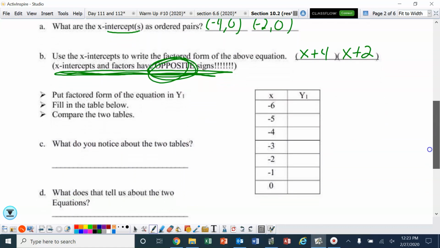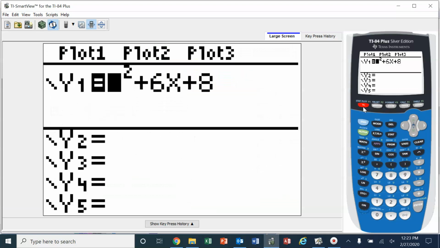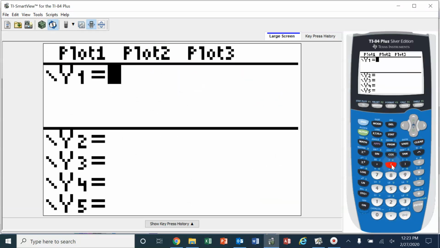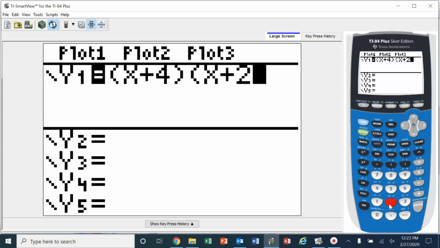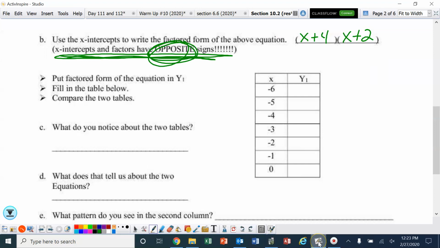All right. I'm going to go ahead and put those into my calculator. And I'm going to go to my table, and wow, just like magic, they're exactly the same.